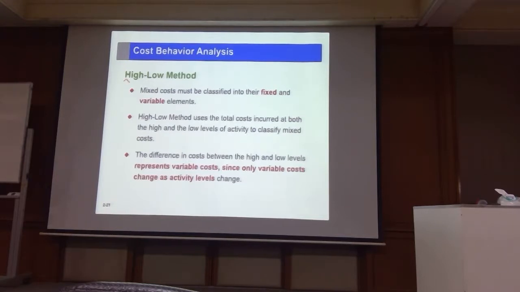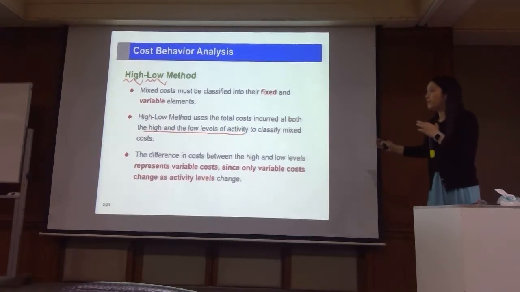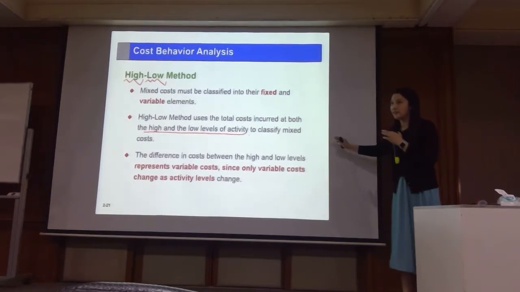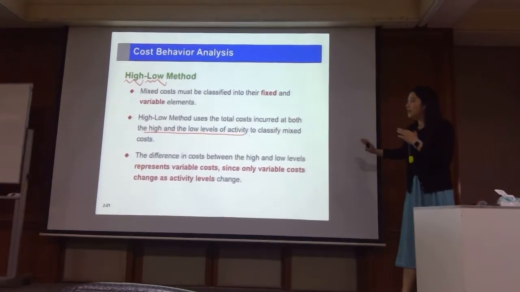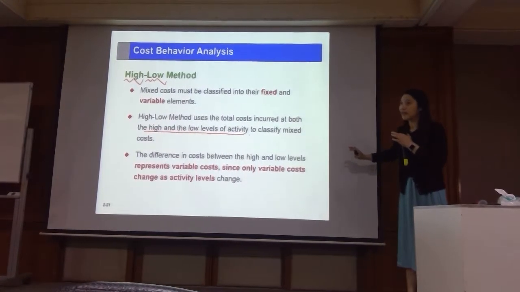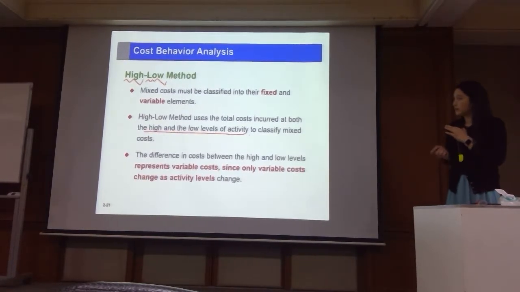When we hear the word high and low, it means we focus on the highest and the lowest level of activities, okay? We tend to focus only on the highest activities and the lowest activities. And we try to find the difference in cost and difference in activities. And we know that that difference comes from the variable portions, okay?